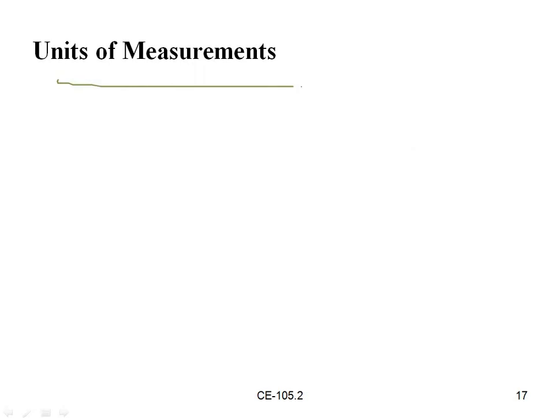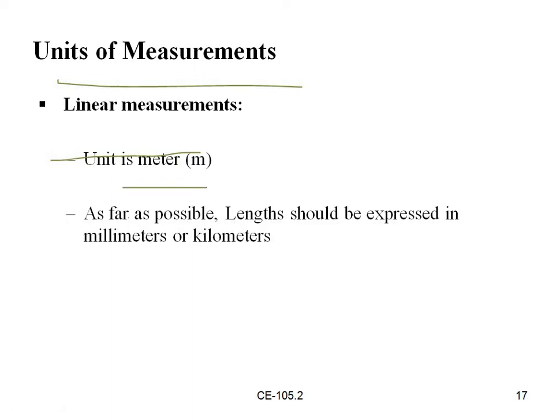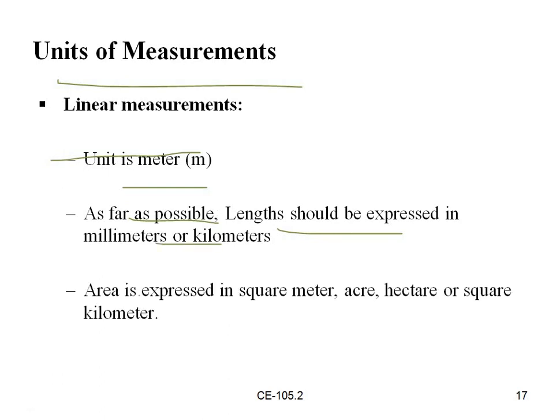The unit of measurement for linear measurements is the meter. As far as possible, the length should be expressed in millimeters or kilometers. Area is expressed in square meter, acre, hectare or square kilometers.